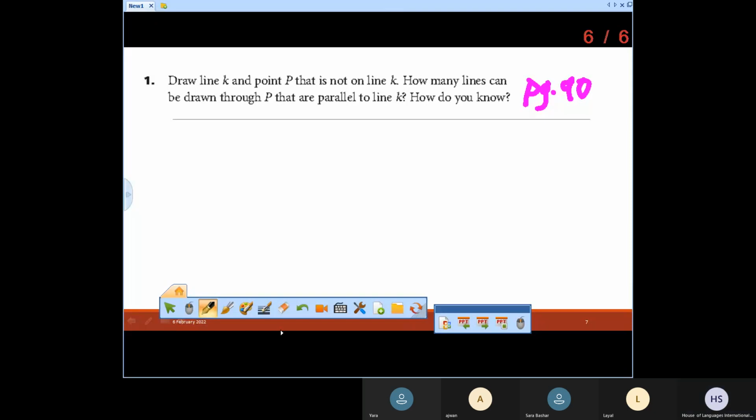Yeah, let me see. So how many lines? Okay, draw it.